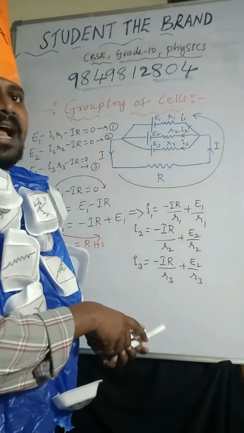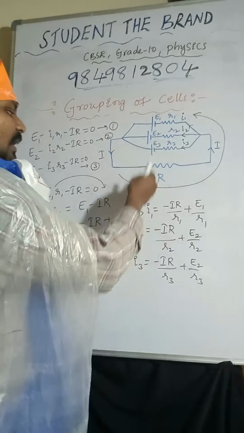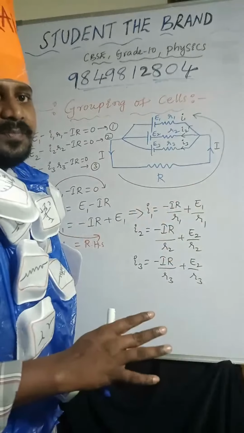So you can add now. As I mentioned, all the LHS side you have to add and all the RHS side you have to add. After adding, what will you get?